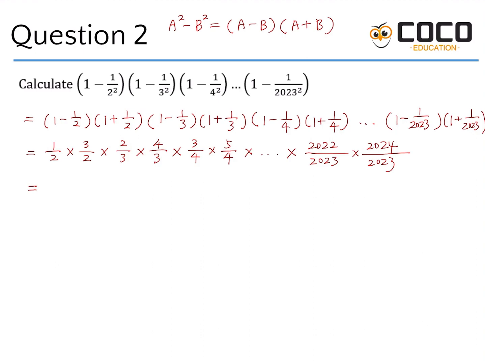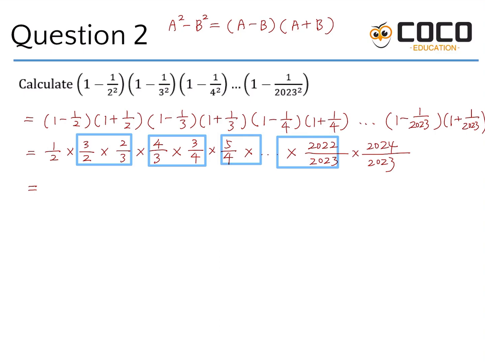Now notice that every two terms, they cancel each other. So look at this one. 3 over 2 times 2/3 equals to 1. So 4 over 3 times 3/4 is equal to 1. Okay, so we group them in pairs. Continue until the second last fraction.